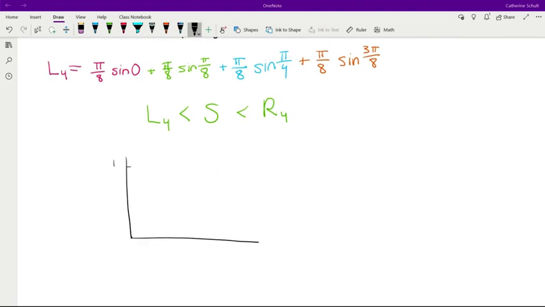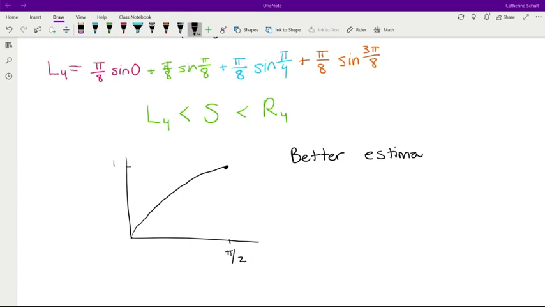What would happen to our estimation if we didn't use 4 rectangles, but we use like 1,000 rectangles?